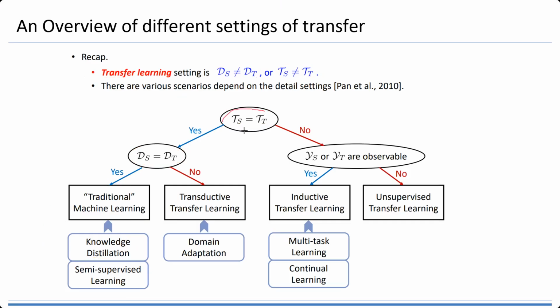But if the task is the same and the domain is not the same, then you can use the transductive transfer learning. We can use domain adaptation, because in this case, the domain of the source is not equal to the domain of the target.